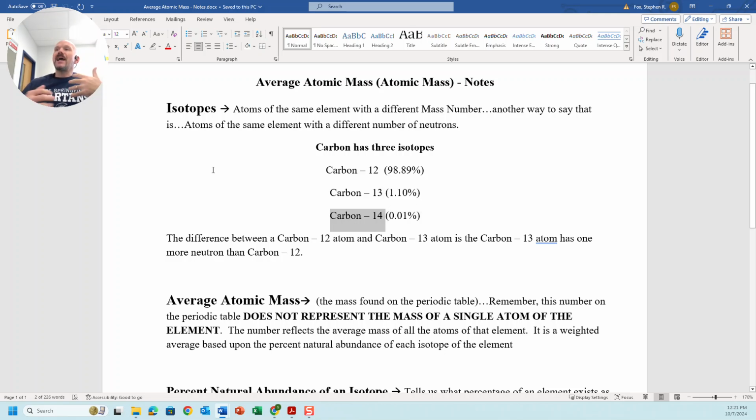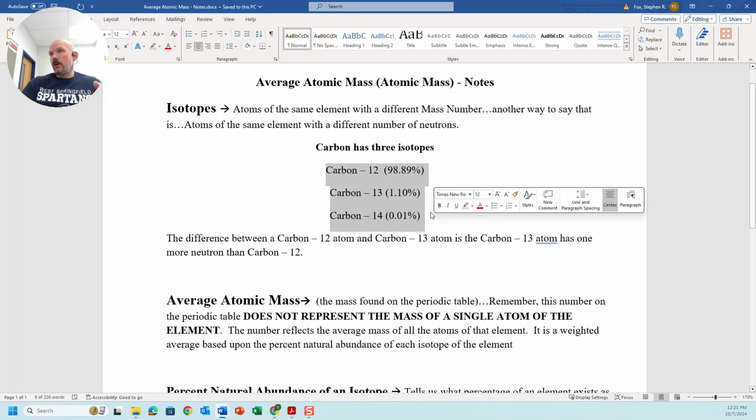So if, let's say, I had 100 carbon atoms, 99 of them would be carbon 12. One of them might be carbon 13, right? And that means 0 of that random sample will be carbon 14. So maybe, in a random sample of carbon, out of 100 atoms, you'll probably get 98, if you end up with all 3 isotopes, 98 of those would be carbon 12.